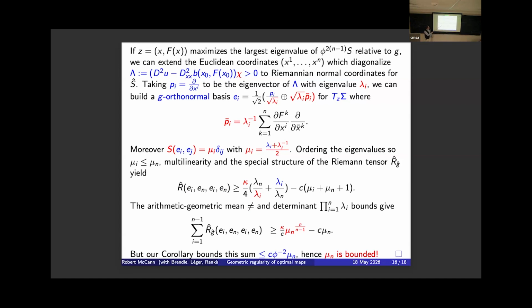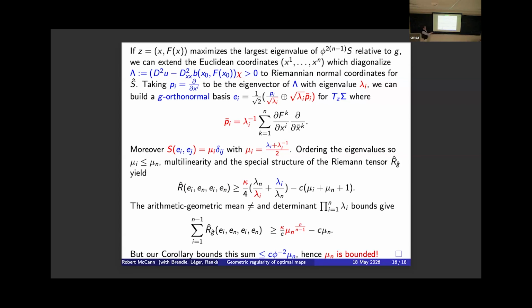And so there will be some cross terms where you have ratios of lambda I to lambda n for the EIEN direction and lambda n to lambda I. There'll be other directions where you have just multiple copies of lambda I, but you can control lambda I and lambda I reciprocal, and you can control those from below using mu I or mu n and some large but universal constant.